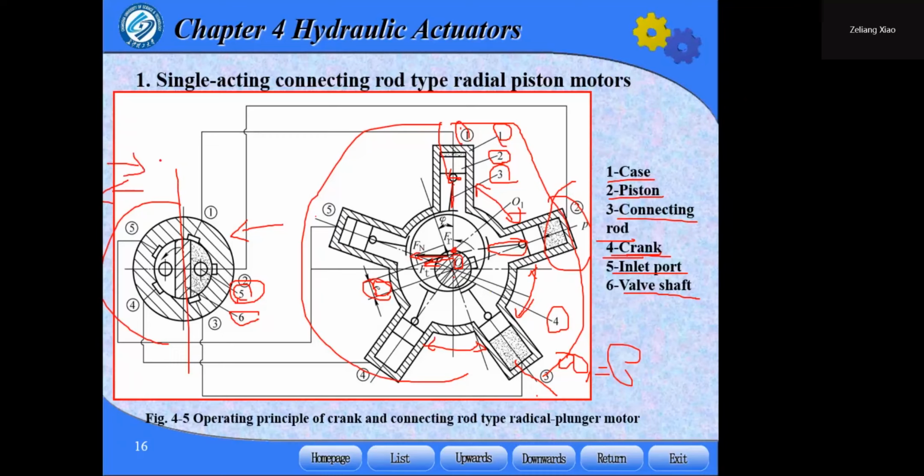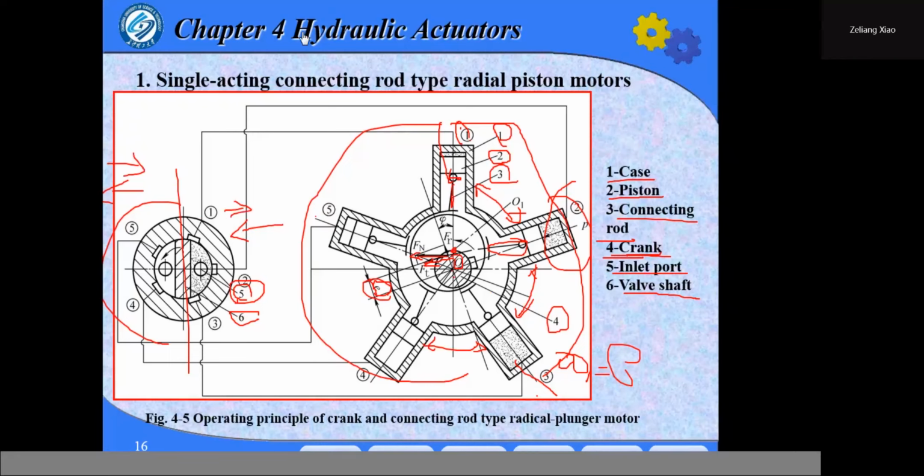This area is the inlet port, and this area is the outlet port.